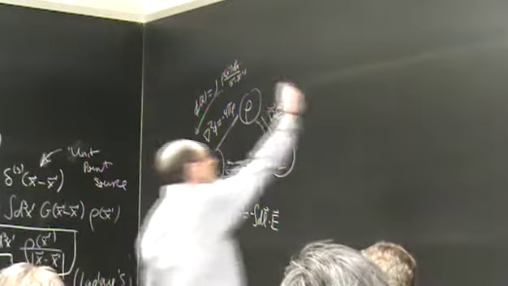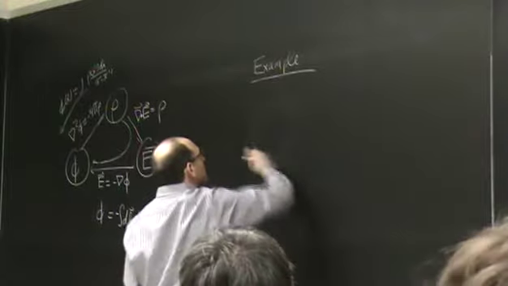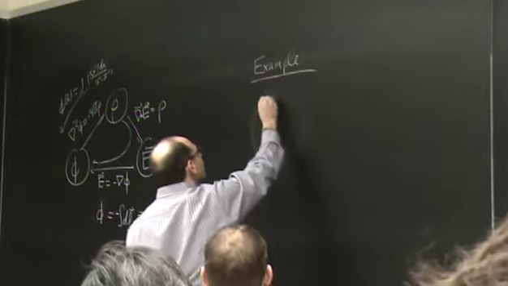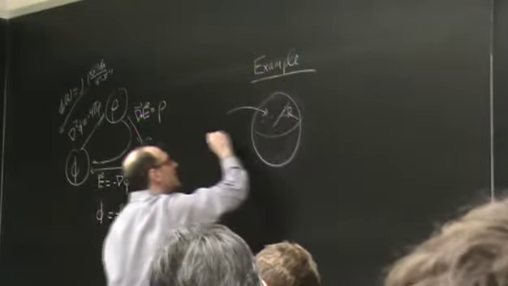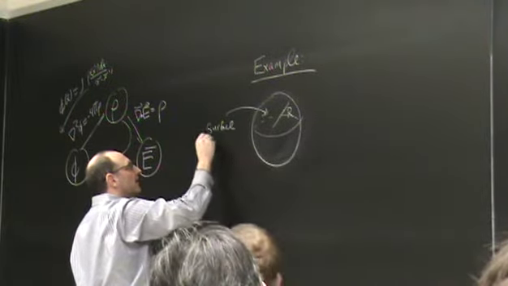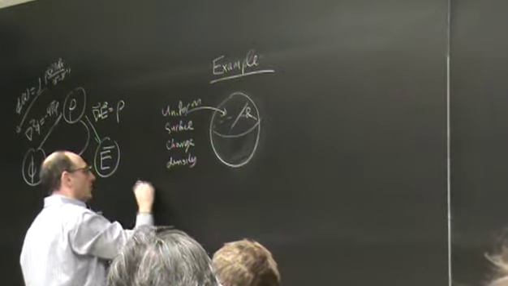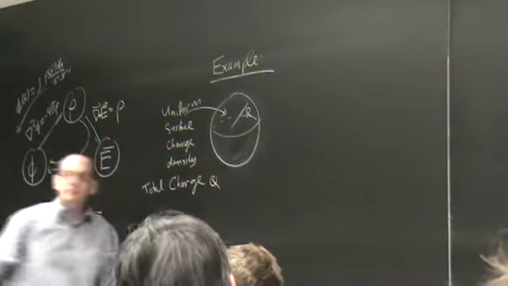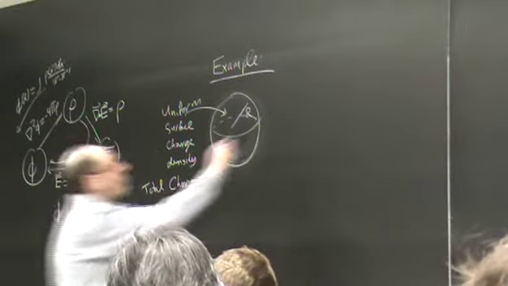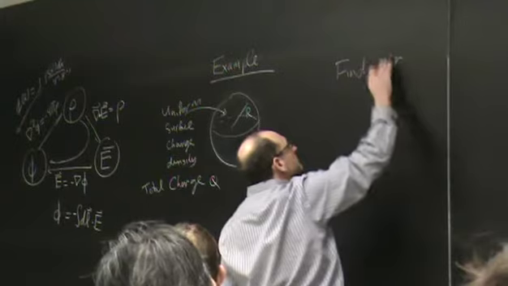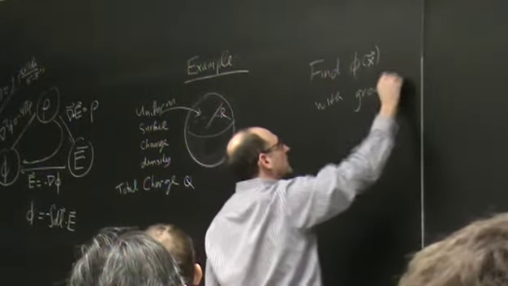So, for example, suppose I have a sphere, which has a radius r, which has a uniform surface charge density, total charge Q. And I want to find the electrostatic potential associated with this charge distribution with ground at infinity.